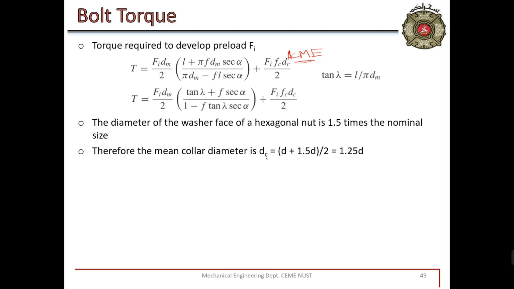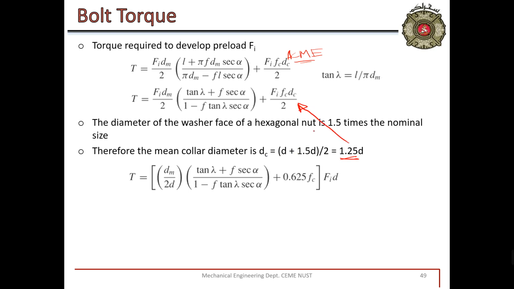For simplicity, we know that the washer or collar has a diameter of 1.5 d. So the collar diameter, which is the equivalent diameter, the average of outer and inner diameter of the collar, will be equal to 1.25 d. Just substitute this value here, and the final equation will be.